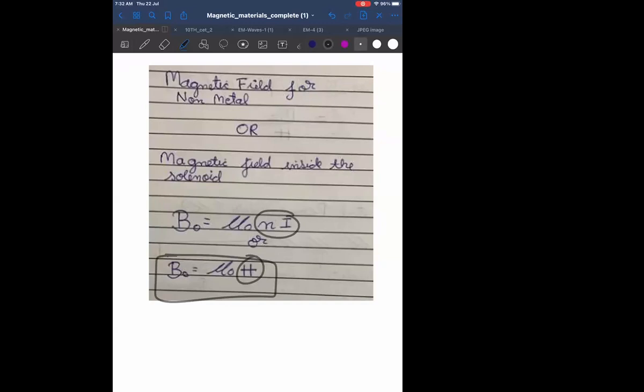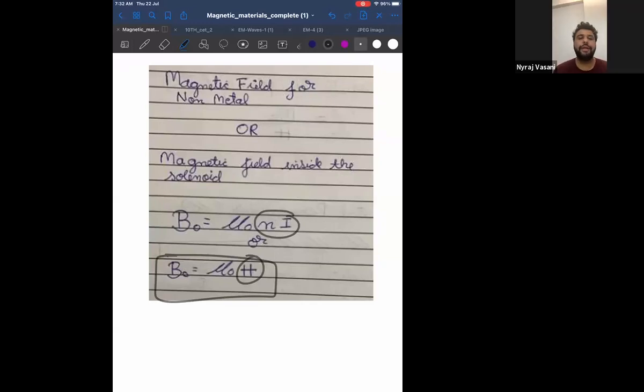Sir, can you explain once? So the general formula for magnetic field is flux upon area, phi by A. But this is a specific formula for magnetic field inside a solenoid, or the magnetic field of a non-metal.